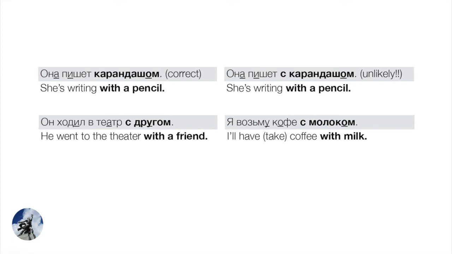So it's incorrect, or in any case, very weird to say "Она пишет с карандашом." That means something like she's writing alongside a pencil, right? Or she's writing accompanied by a pencil, right? So I guess you could say that, but it sounds rather odd, needless to say, right?